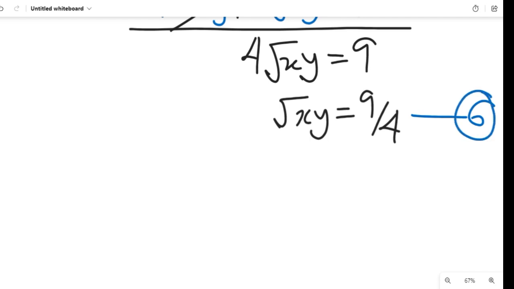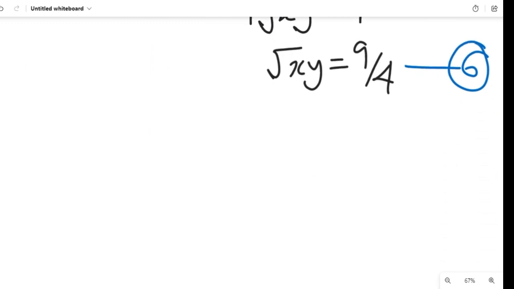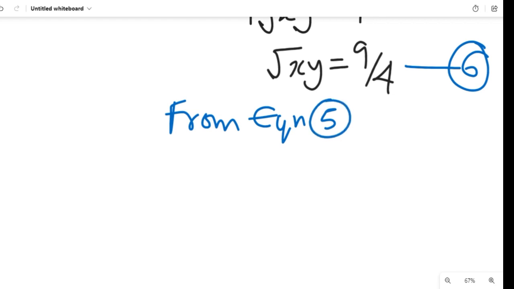Now, I want you to note something: from equation 5, we can make x the subject of formula. From equation 5, we have x plus y equal to 9 divided by 2.